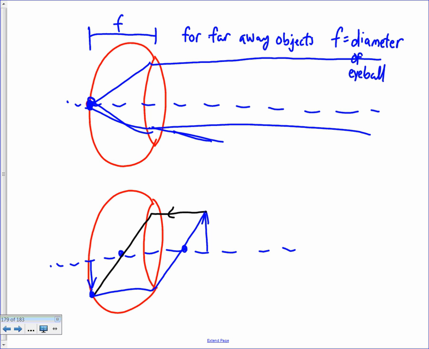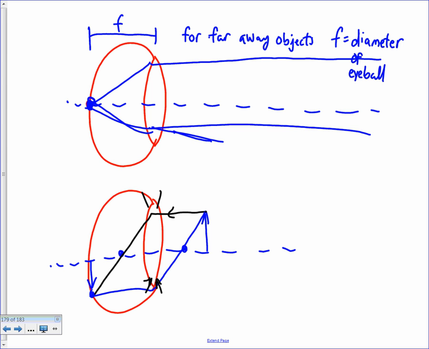Okay, let's see. Let's look at the anatomy of the eye. Oh, so one other thing, by the way, actually. You have these muscles that push on this lens and can make it either skinnier or fatter in the middle, or it can stretch it out.